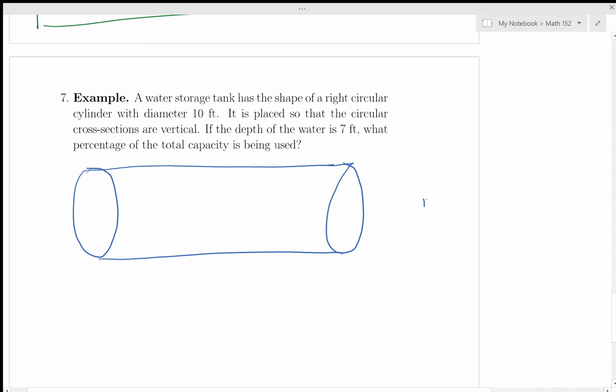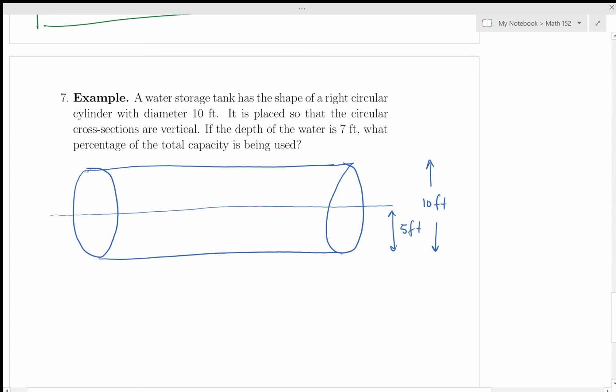So that means 10 feet is from here to here. I'm just going to draw a line through the center here. This height, of course, would be 5 feet, the radius.